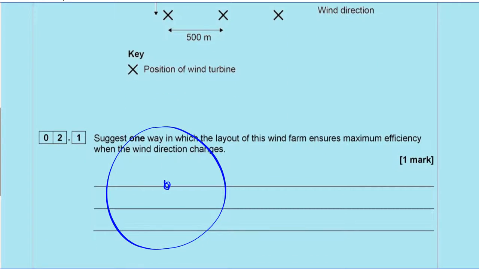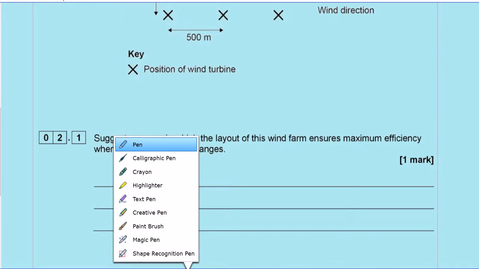So what we need to do is just translate that little diagram into some kind of written answer.